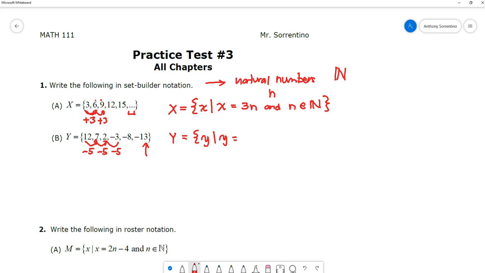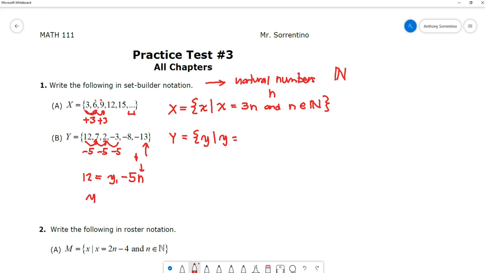So my first number is 12. But I like to have some number, which I'm just going to call y right now, the first y value. And I know I'm going down by 5 each time, so minus 5 to the n, which in this case, for our first term, should equal 1.